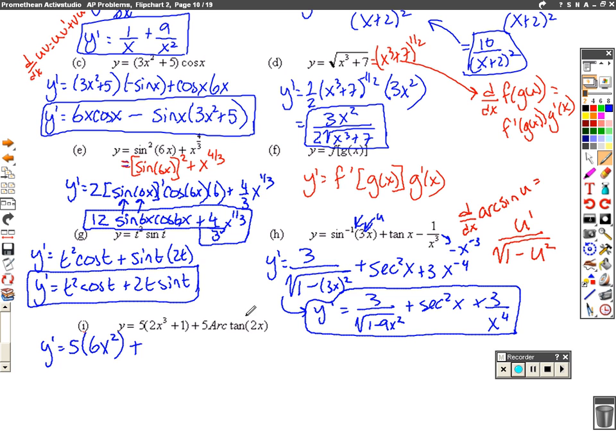We're going to use our arctan formula, which is u prime over 1 plus u squared. So 5 times u prime, which is 2, over 1 plus u squared. Cleaning up a little bit, this becomes 30x squared plus 10 over 1 plus 4x squared.